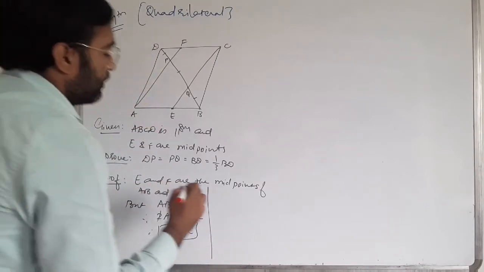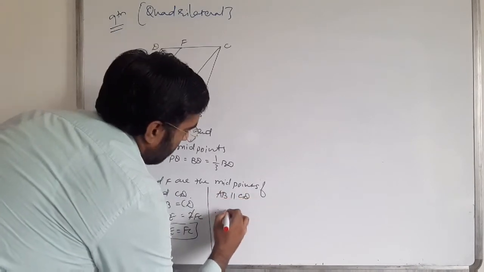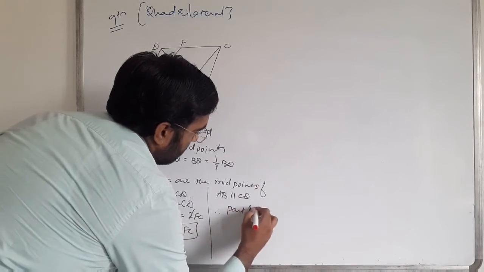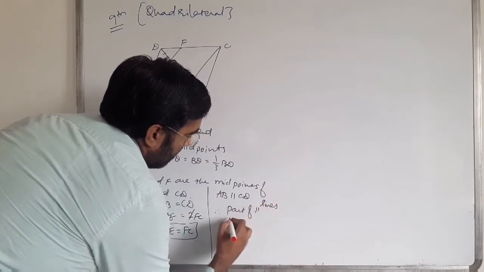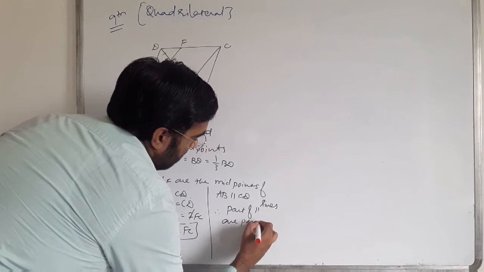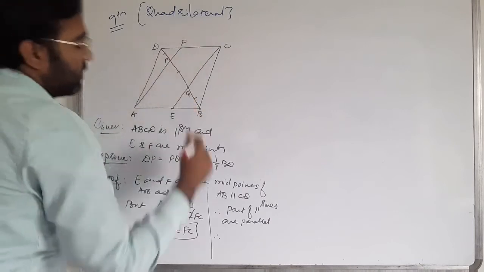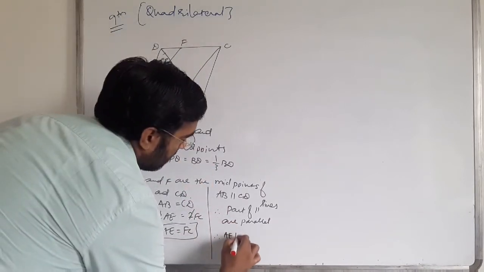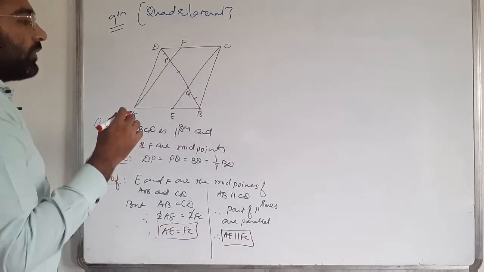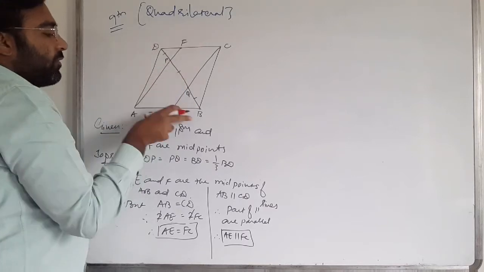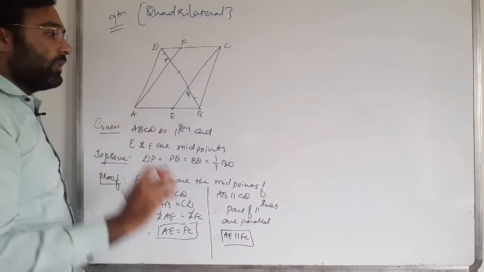And also AB is parallel to CD, therefore parts of the parallel lines are parallel, we know that. Therefore AE is parallel to FC, because part of AB, that is AE, and part of CD, that is FC, are also parallel to each other.